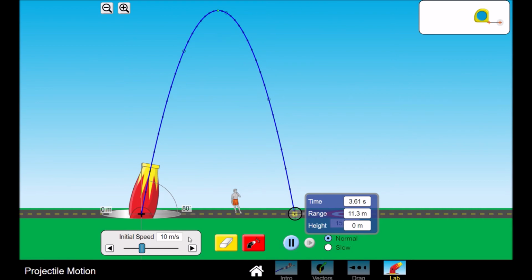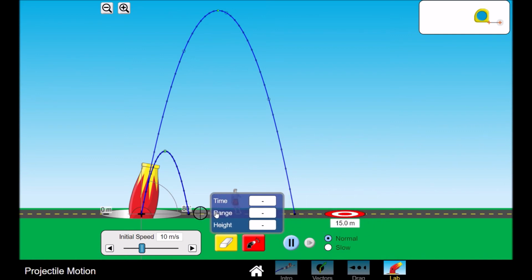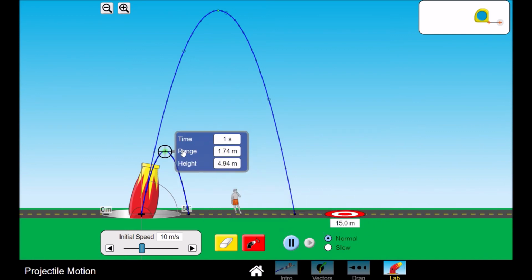And now let's also compare what the total trip time of the projectile will become. So you can sort of see two things here. One, by decreasing the initial speed of launch, the range, or the horizontal displacement traveled by this cannonball, is a lot less than this cannonball, but also the peak height has decreased.